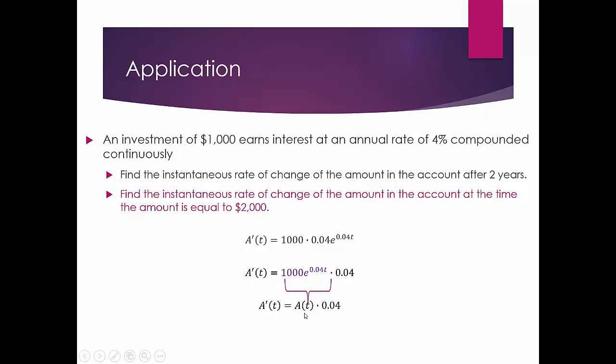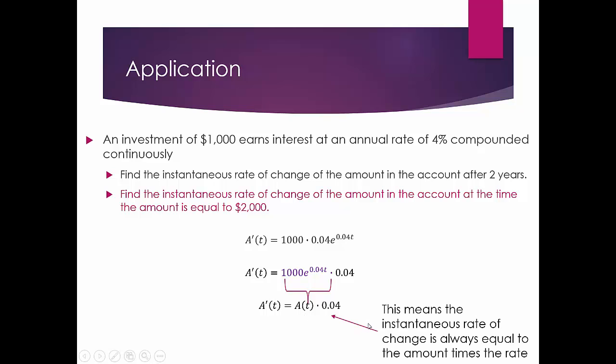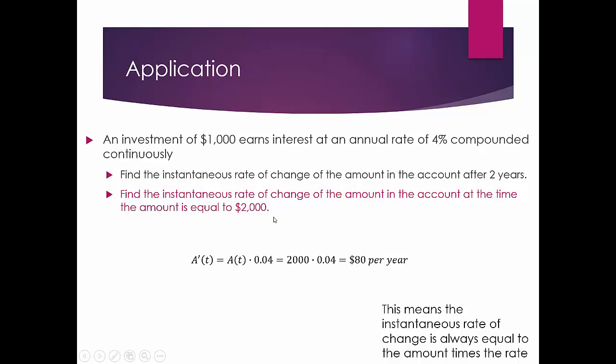So what this says is the instantaneous rate of change is always going to be equal to the amount times the rate. So I simply take the 2,000, multiply it by the 0.04, and I get the instantaneous rate of change when the amount is equal to 2,000 is $80 per year.